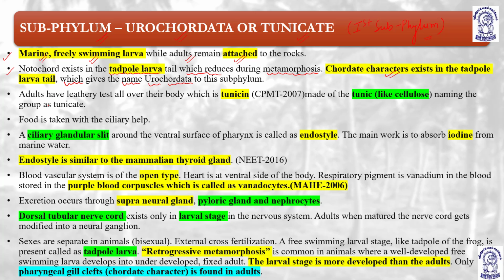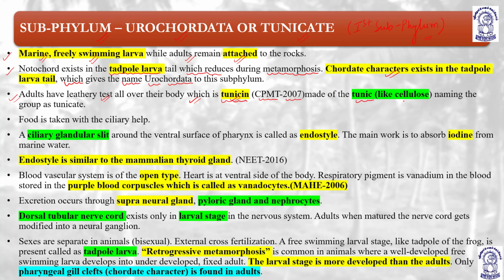Tunicates, why? Because they have a tough covering of tunicin. Adults have a leathery test, meaning a leathery, hard covering on the body, which is known as tunicin. Combined Premedical Examination 2007, made of the tunic.